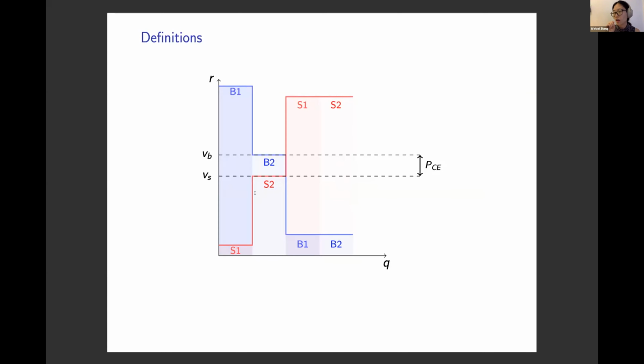It depends on the competitive equilibrium prices. Firstly, we find the lowest reservation value at which the buyer can buy at every competitive price, and the highest reservation value at which the seller sells at every competitive price.